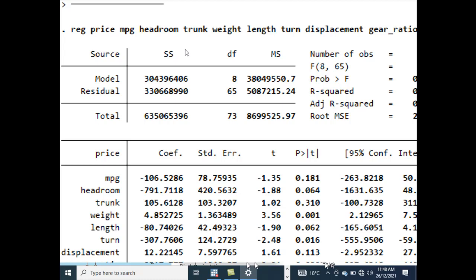Okay? So the null hypothesis here is what? Fitted model is insignificant. Okay?